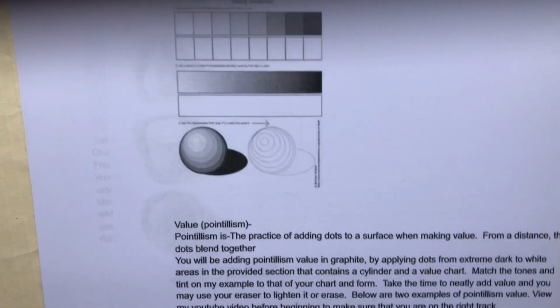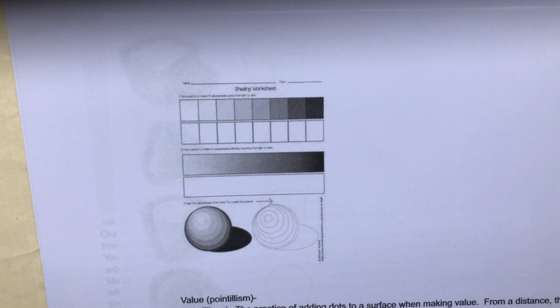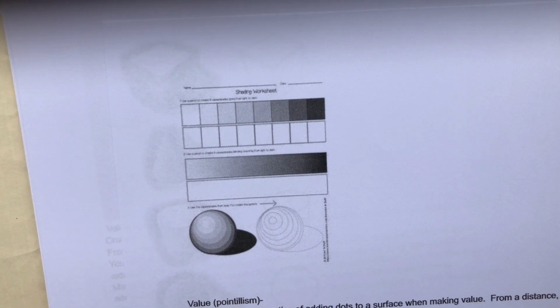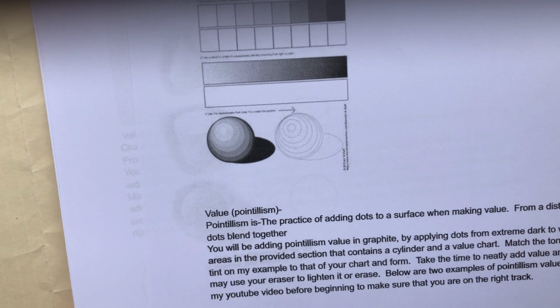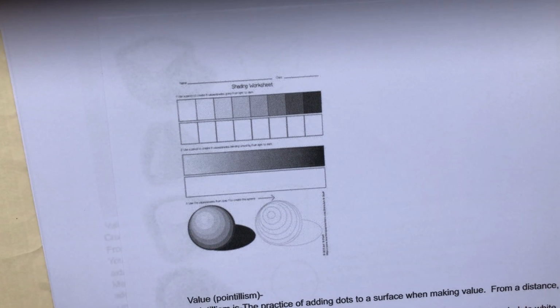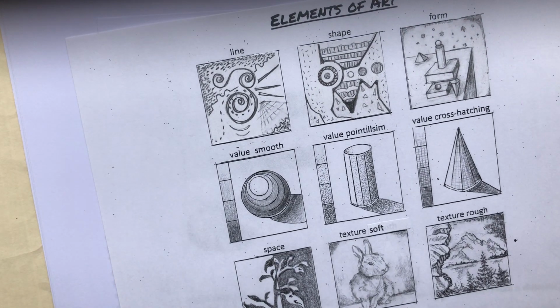If you look on the next page, this is a really good diagram of what I'm talking about. This was a worksheet that I found on the internet that talks a little bit about your smooth values.